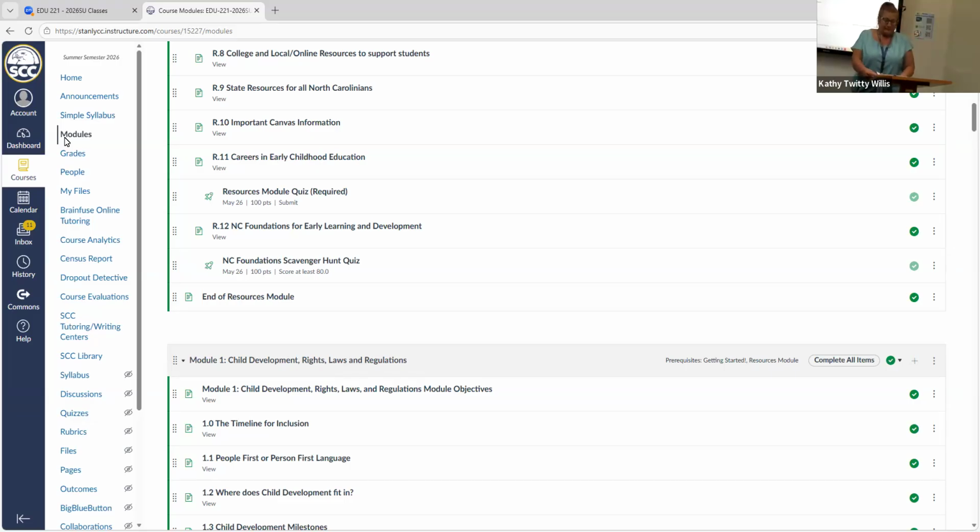So, a couple of just things I want to lay out as foundational. The Individuals with Disabilities Act, Part B is ages 3 to 21 years old, and Part C is ages 0 to 2.